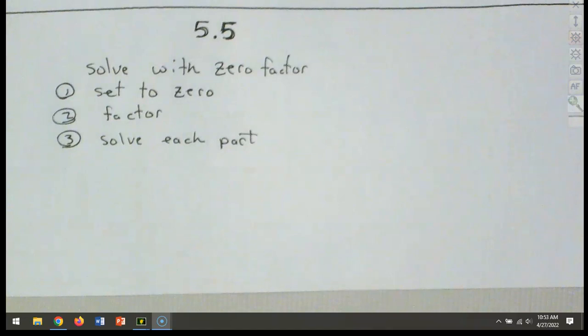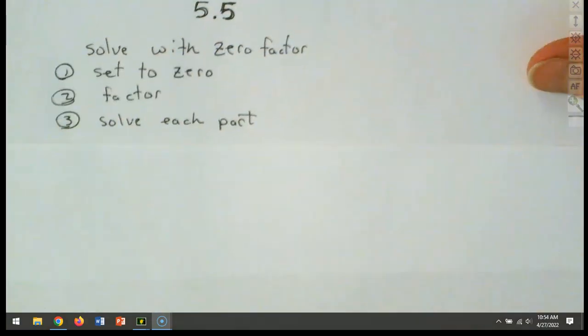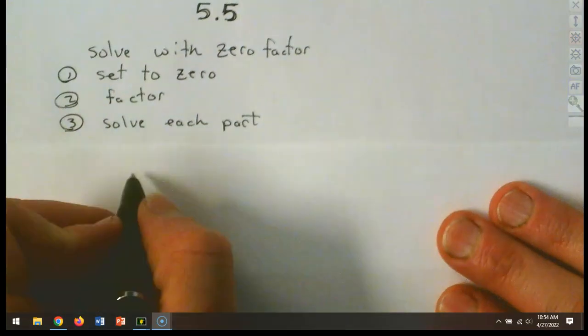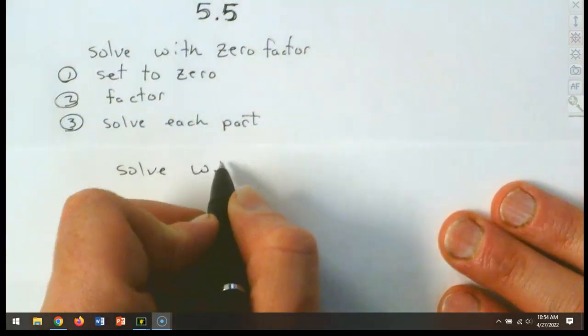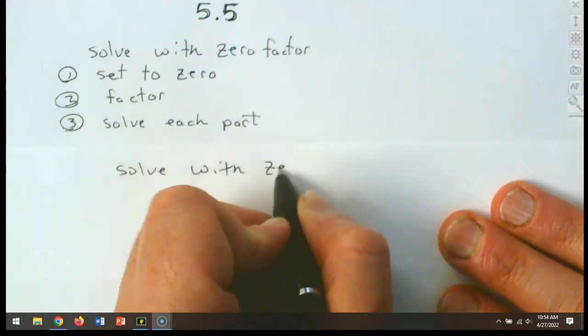And I'll just pick some of these out from the textbook. It's everything we've done before. We're just using zero factor, meaning we have an extra step. So set it 0, factor, solve. Some of these are very simple. And they're all going to be solved with zero factors.